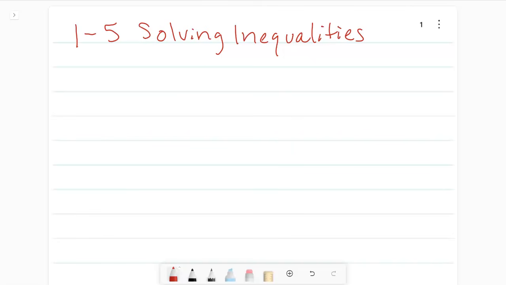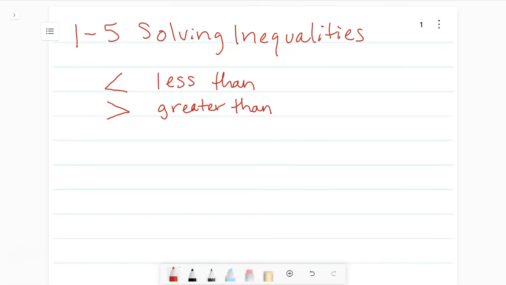Okay, so today we're going to be solving inequalities in one variable. Please make sure that you write down these notes. We're going to be using less than, greater than, okay? Both of those mean that you have an open circle.